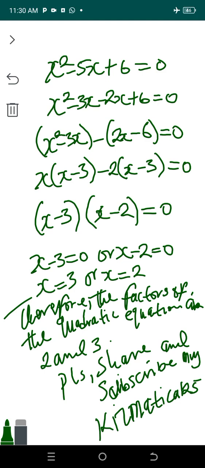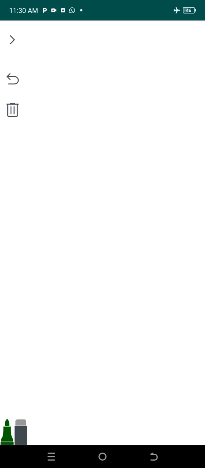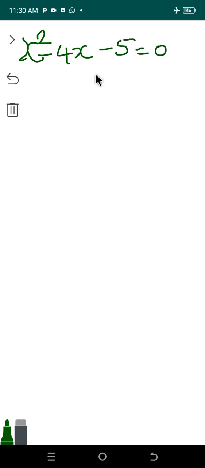So let's take the second example on quadratic equation for today. The second example we are considering now is x to power 2 minus 4x minus 5 is equal to 0.